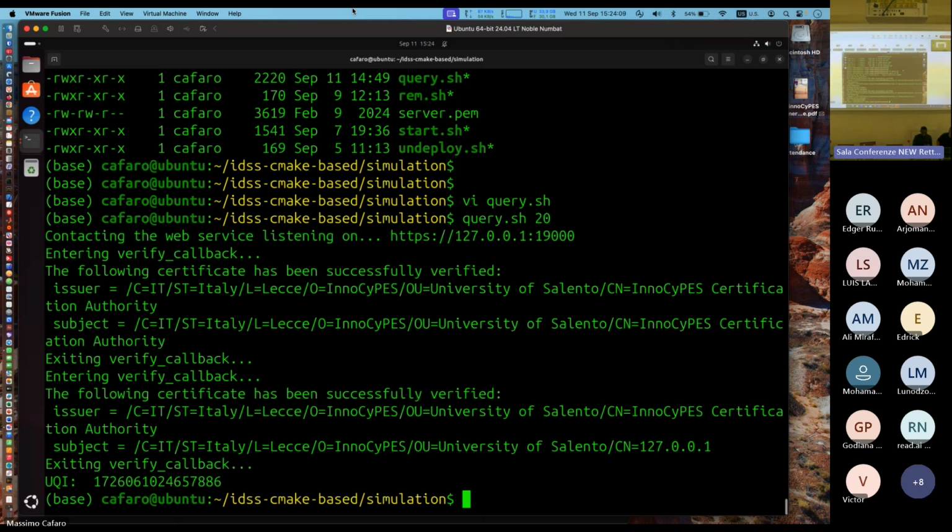The client is verifying the identity of the server, the server is verifying the identity of the client, and there is mutual authorization. Once they are authenticated and the authorization is in place, the query is forwarded to the server, which then executes a distributed query, forwarding the query to the 1,000 different servers.